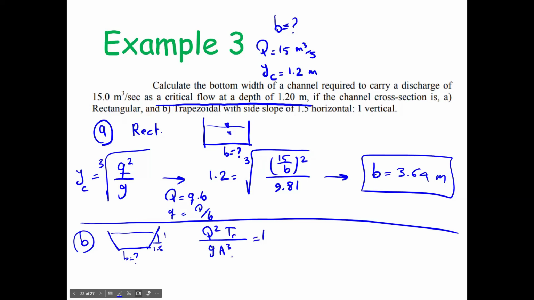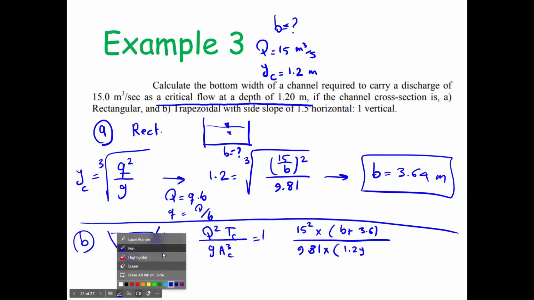Q squared over G times A cubed over T equals 1. So instead of Q, I will write 15 squared, multiplied by T, which is B plus 2YZ, which is 3.6 here. G is 9.81 multiplied by area, B times YC, which is 1.26, or B is here, plus 2YZ, Y squared should be here.